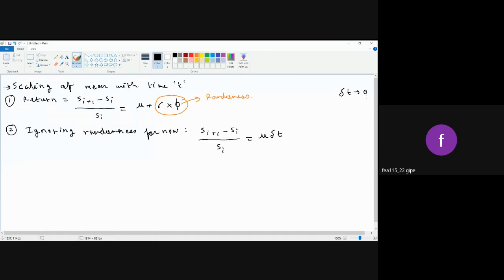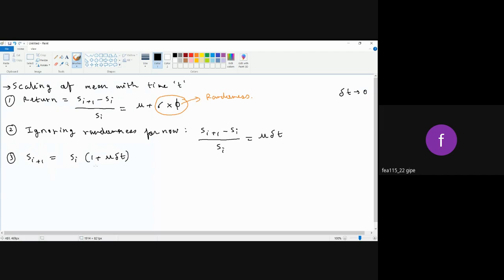Now, if I just rearrange this equation, can I write this as S_{i+1} equal to S_i into, if I move S_i to the right hand side, 1 plus mu delta t. I've simply taken S_i common and moved the left hand side's S_i to the right.